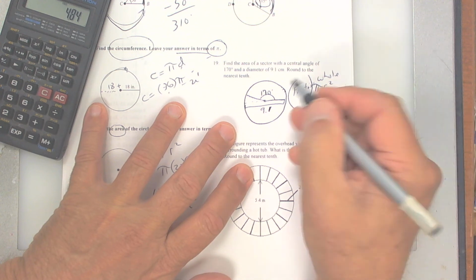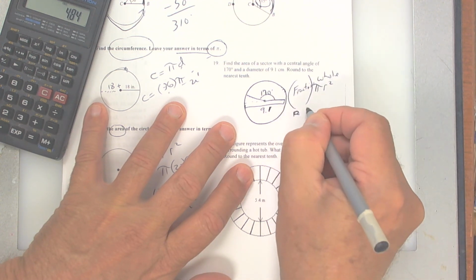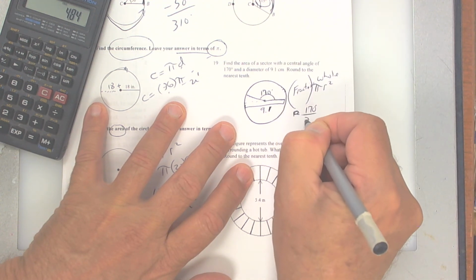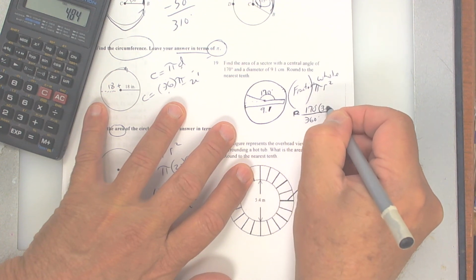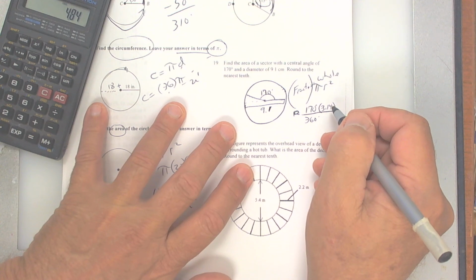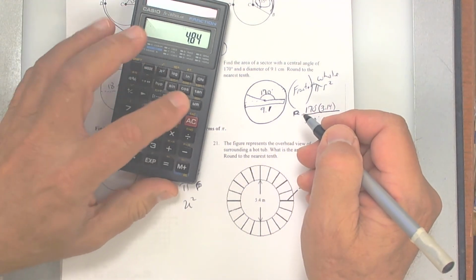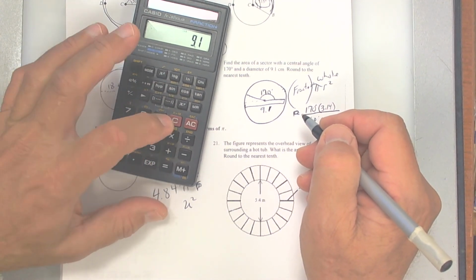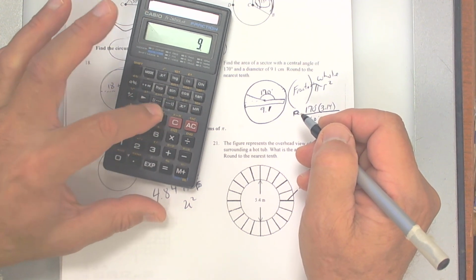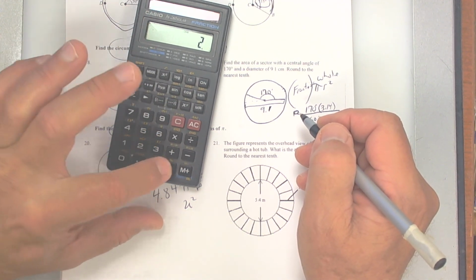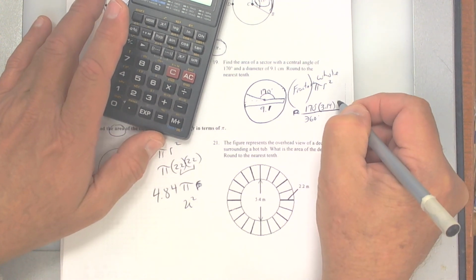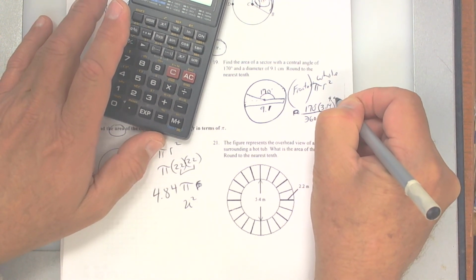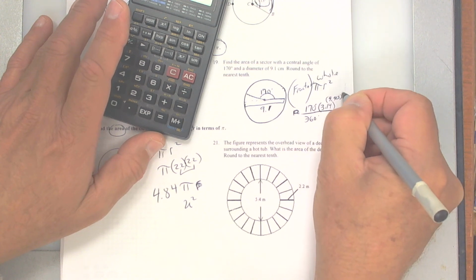It's a review question. So put 170 over 360 times pi times the radius squared. Well, 9.1 is your diameter, is what they said, so we got to divide that by 2. Oops. 9.1 divided by 2, and I get 4.45. So it's going to be 4.45 squared.